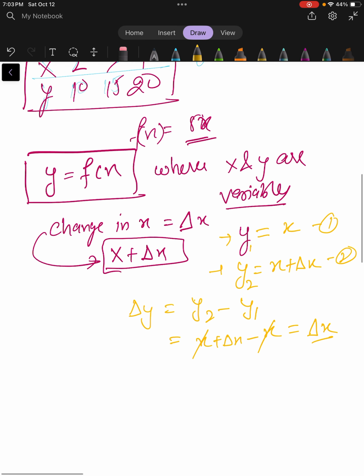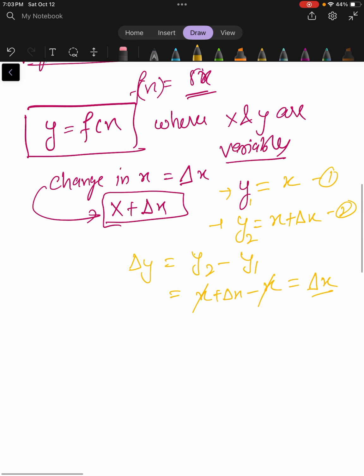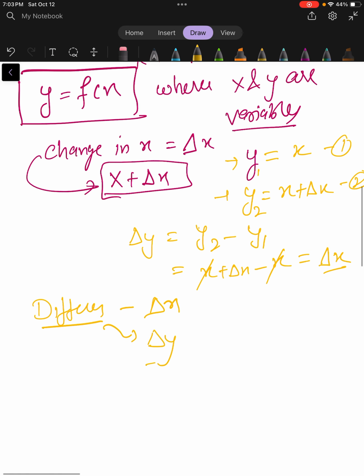So I just want to show the difference. The difference in x is delta x and the difference in y is delta y, correct? So now come into the conclusive point, the ratio.